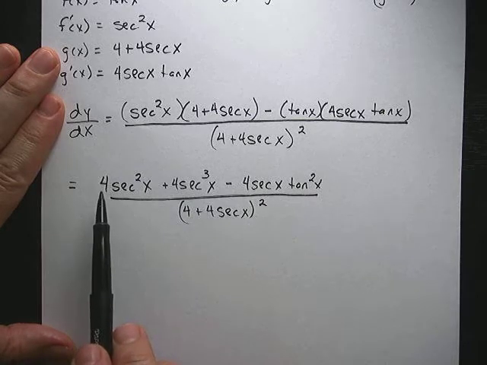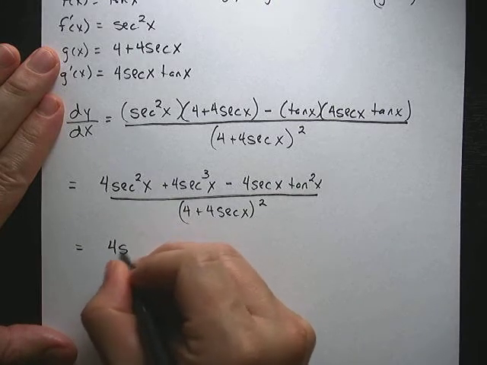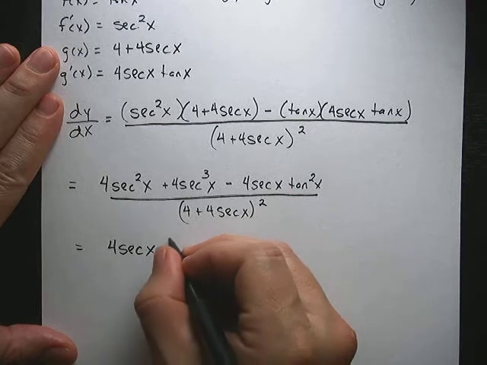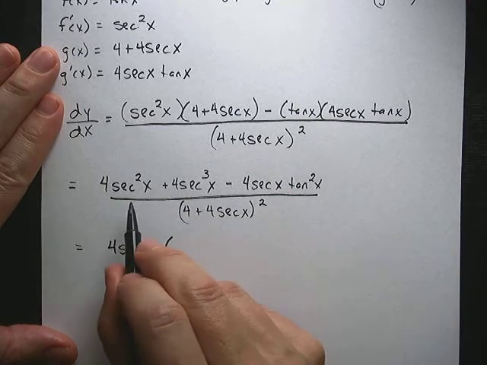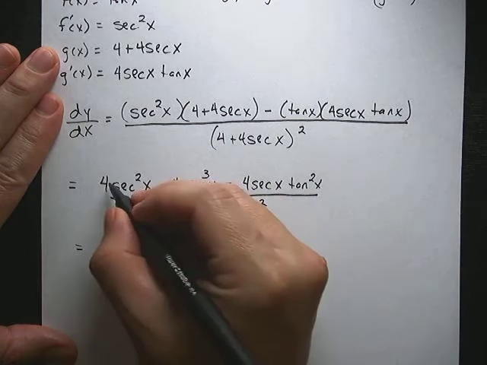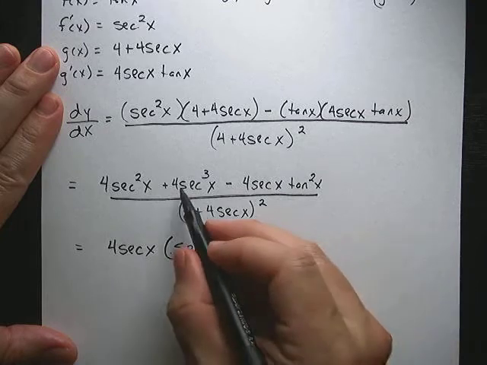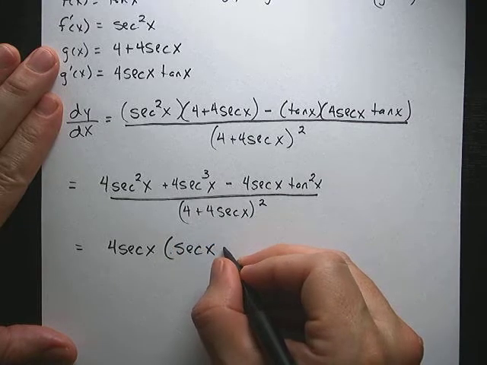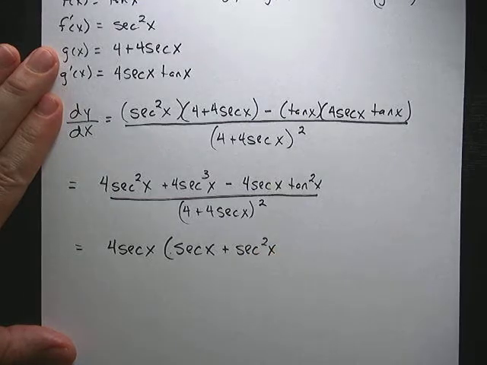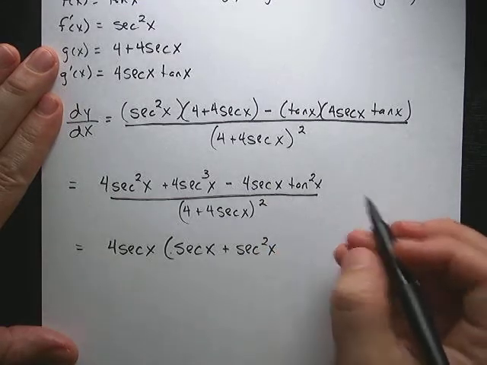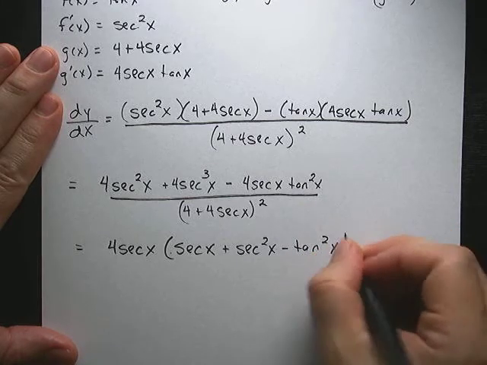So we're going to factor out a 4 and a secant from the numerator, which gives us 4 secant x out front. On the inside, the 4s are gone and one of the secants is gone, so we have secant x, then secant squared x, and then minus tangent squared x.